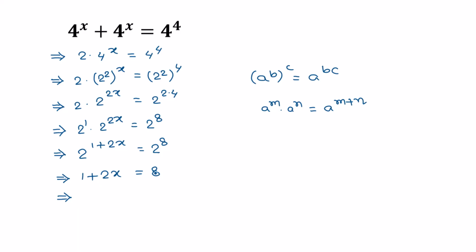Taking this 1 to the right side, we will get twice x is equal to 8 minus 1, so twice x is equal to 7. Now dividing both sides by 2, we'll get the value of x is equal to 7 over 2. And this is the solution of our given equation.